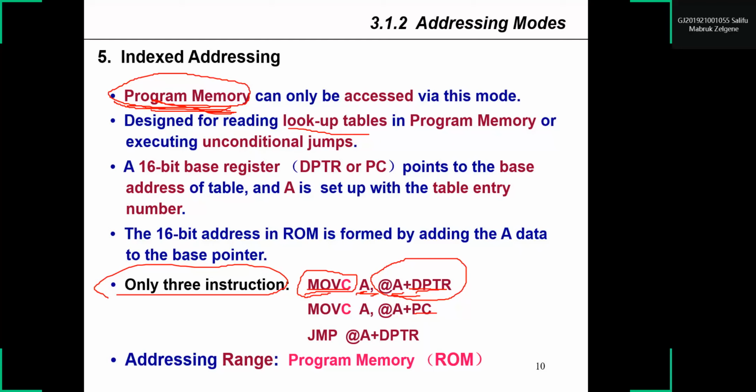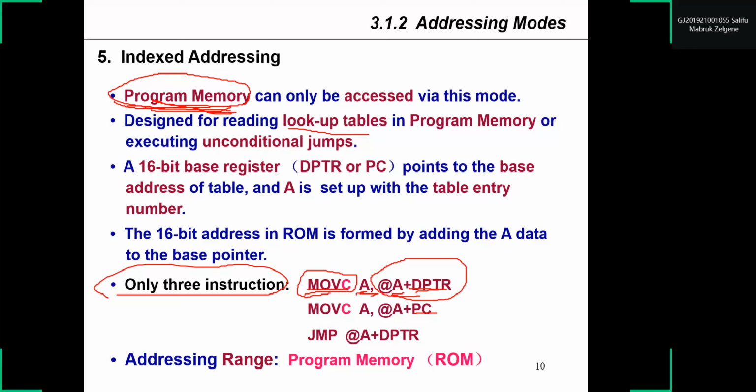So when we use MOV, we retrieve from the RAM, and when we use MOVC, from the ROM, right? Yeah. MOV is for the RAM. MOVC is for the ROM.